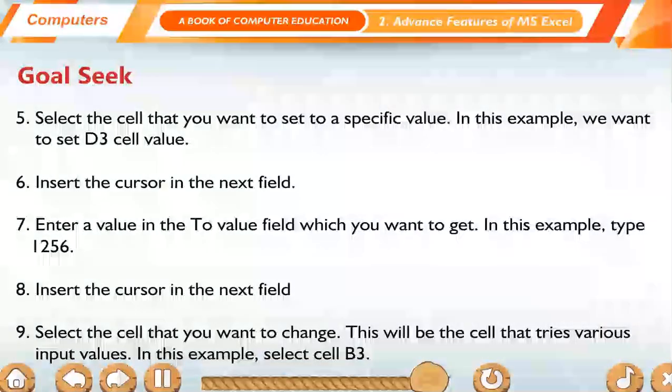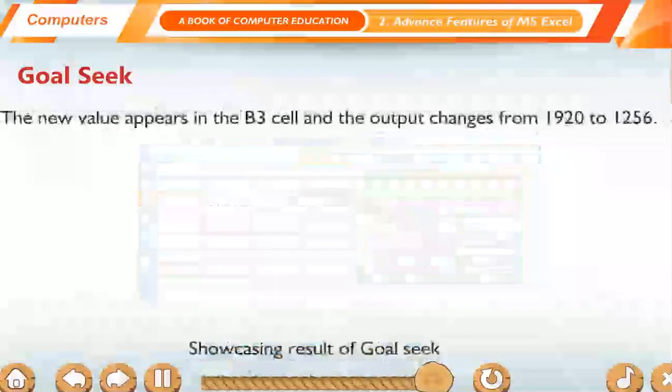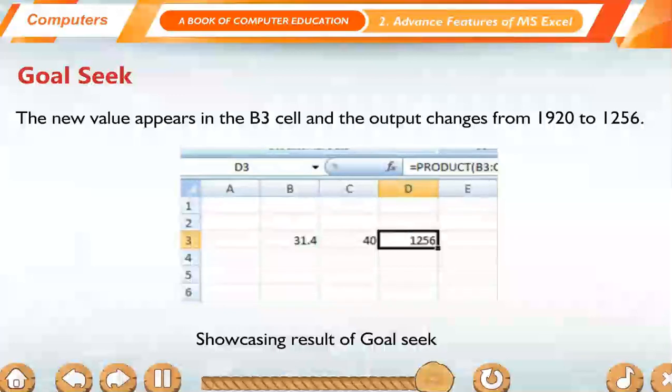Select the cell that you want to change. This will be the cell that tries various input values. In this example, select cell B3. Click OK. The new value appears in the B3 cell and the output changes from 1920 to 1256.